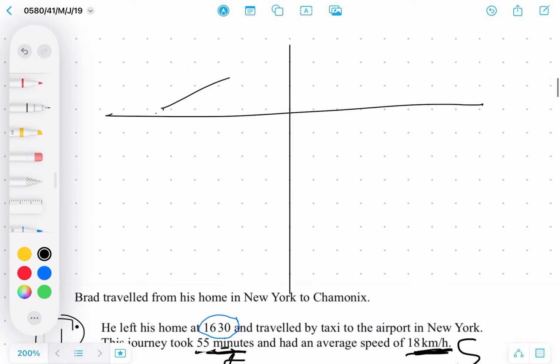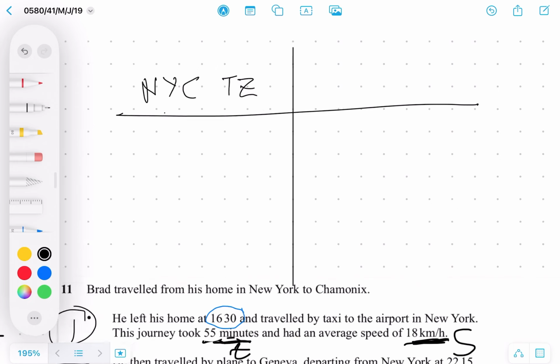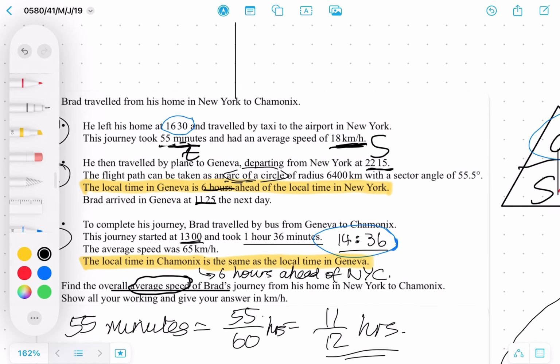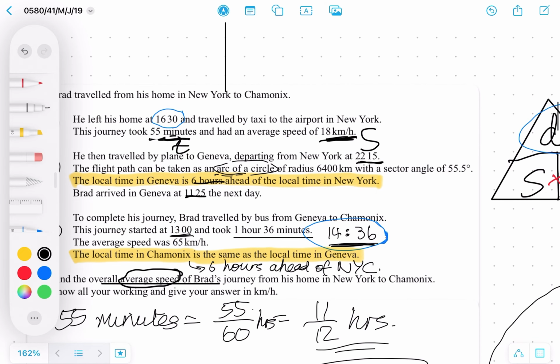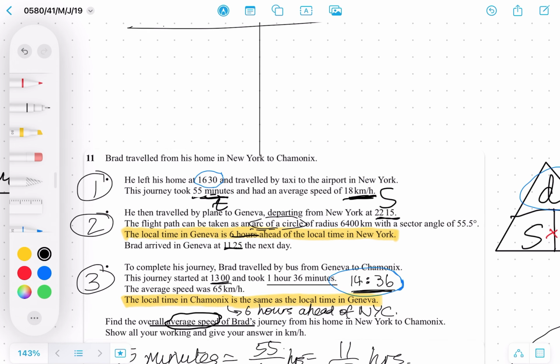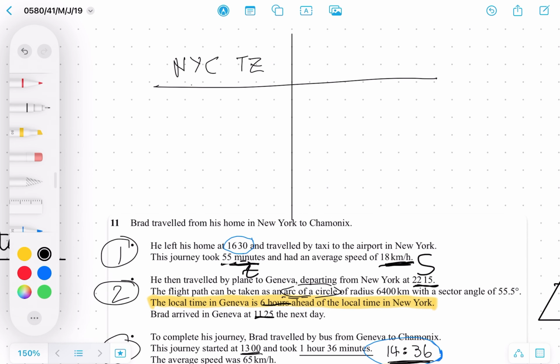So if we stick with the New York City time zone, the way we do this is we subtract 6 hours from 2:36 p.m. the next day, which gives us 8:36 a.m. on day 2.